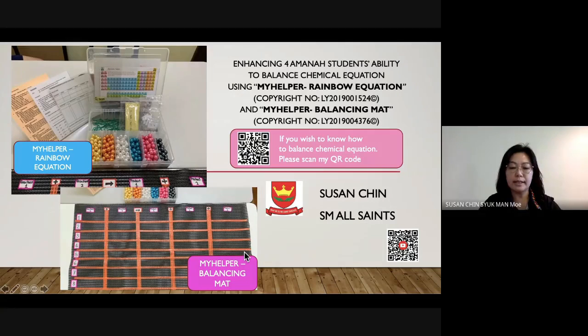Here, as you can see, it is Myhelper-Balancing Math. This is an improved version of the small templates that you can see on the screen, so that students can place the bits on the anti-slip balancing mat and see the result better.